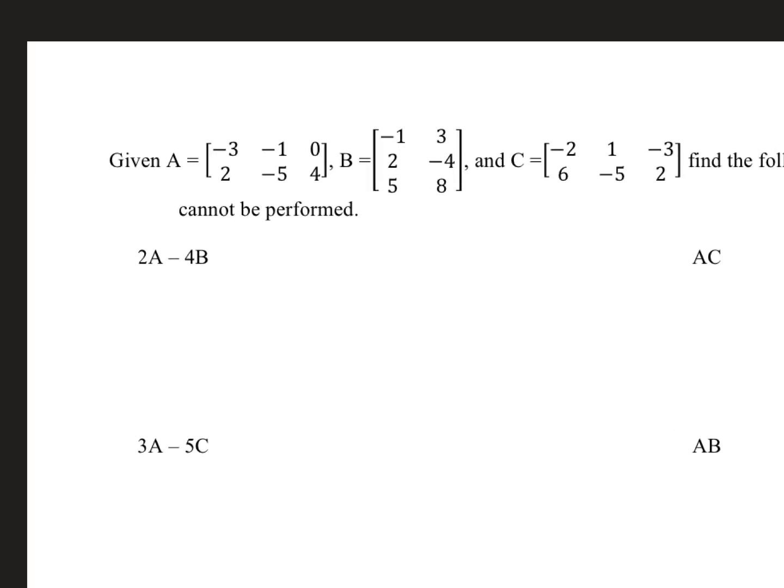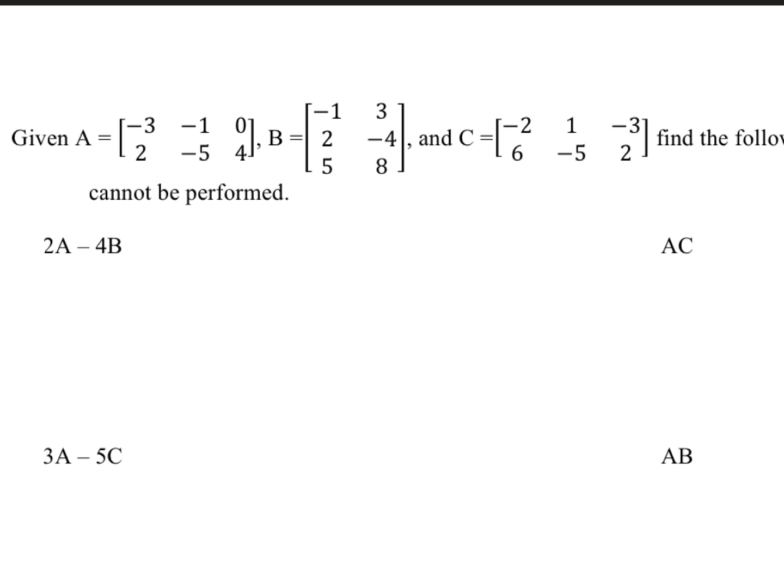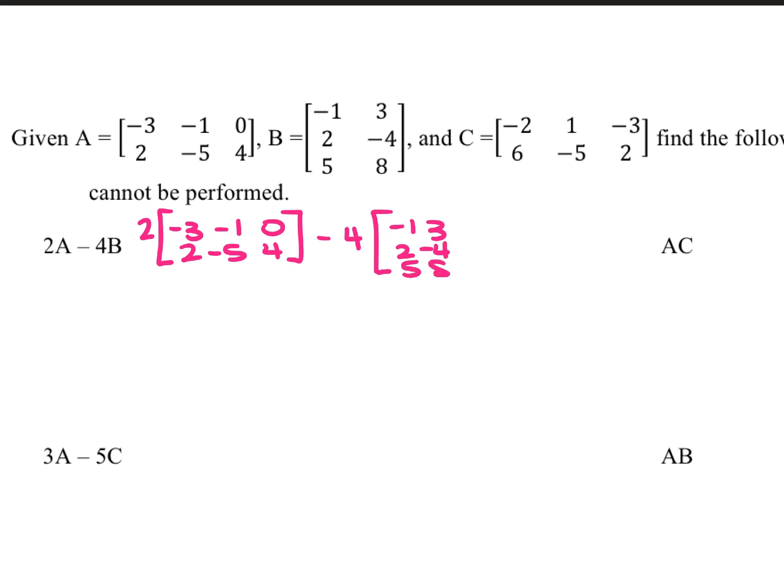First one you are finding is 2A minus 4B. So 2A would be 2 times -3, -1, 0, 2, -5, 4, minus 4 times B, which is negative 1, 3, 2, negative 4, 5, 8.